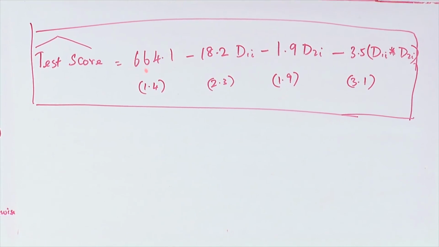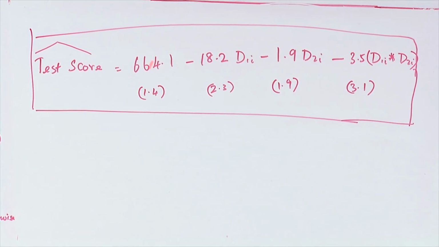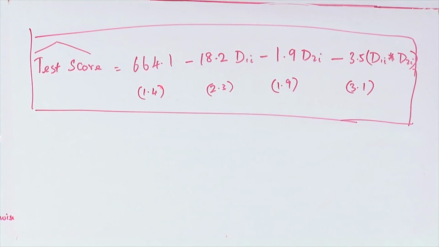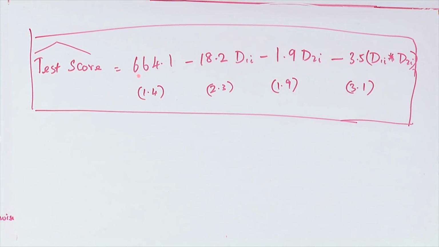This intercept term is an interesting term. This is the most privileged students' average score, because this is the student who studies in the low student teacher ratio class and also studies in the class in which there are a very minimal number of rural learners.